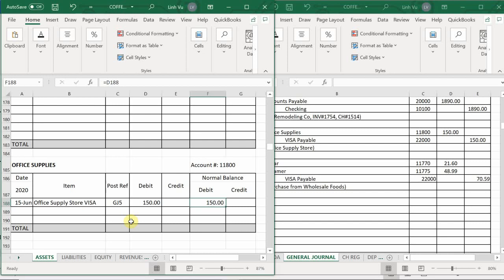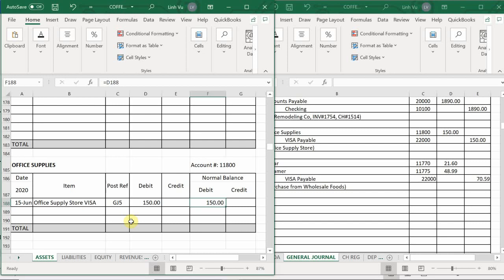We didn't order this on an account, so not accounts payable, but checking. Kim, what did you journalize? The purchase that we made from the wholesale food place. Those are the only accounts you're going to be looking at: the sugar account, the creamer account, and the Visa payable account.